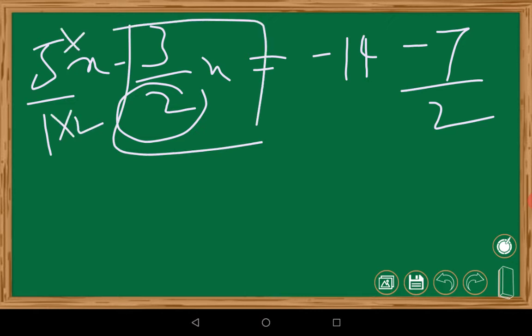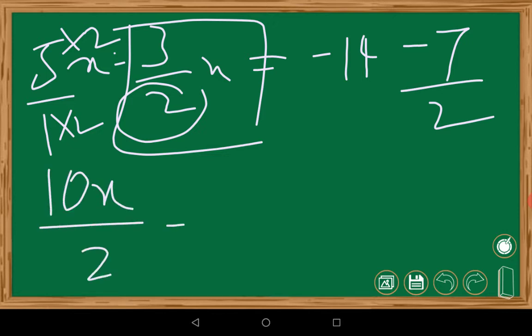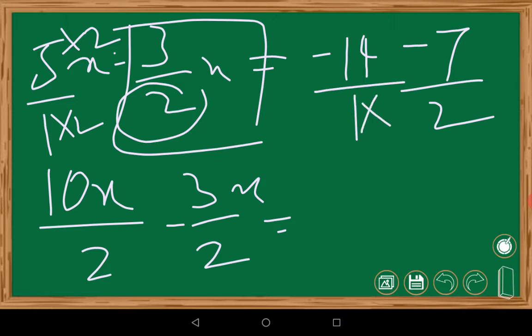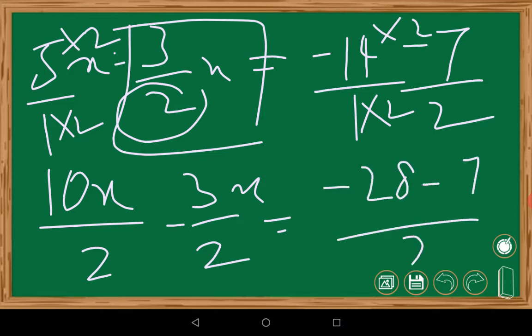We have studied this in fractions multiplication also. So 5 2s are 10, 10x by 2 minus 3 by 2 x is equal to, now add this also the same way. 2 14s are 28, so minus 28 minus 7 by 2.